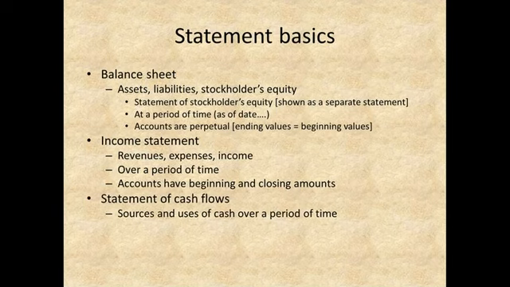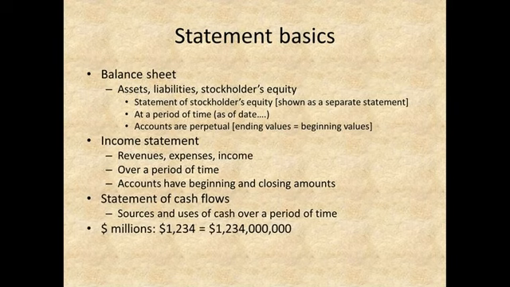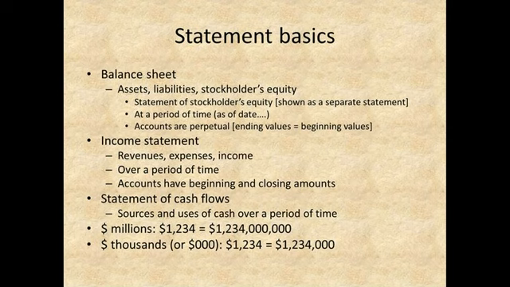Also, the statement of cash flows shows the sources and uses of cash over a period of time. And finally, a couple of things to notice. You will often see in statements the terms dollar millions or dollar thousands or $000 and various values. What that represents is if we see the number 1, 2, 3, 4, and it's in dollar millions, that actually represents $1,234,000,000.